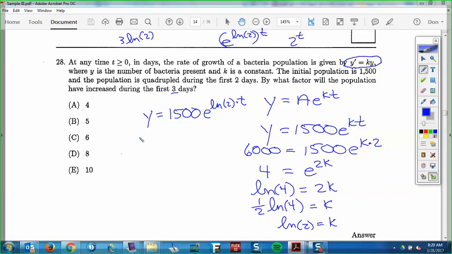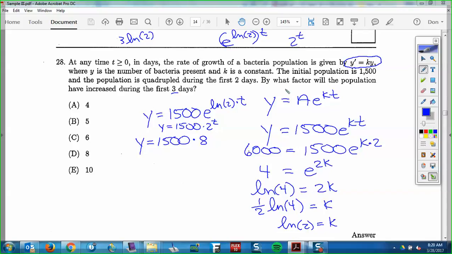So either way, I'm going to have y equals 1,500 times 8. I'm going to put my 3 in for t. 3 ln 2 is the same as ln 8. E to the ln 8 is just 8. Or I could have done what you guys said first. I could have made this 1,500 times 2 to the t. Then I could have put my 3 in there. And then 2 to the third is just 8.